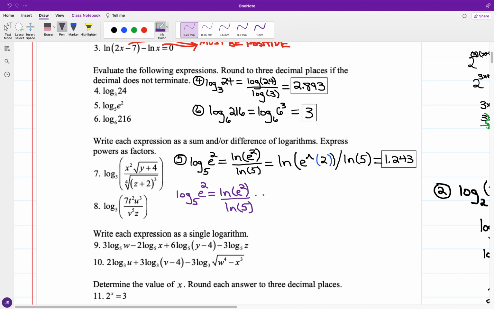I just wanted to mention too that the natural logarithm is by definition a base e logarithm. So the natural log of e squared is the base e logarithm of e squared, which goes to 2. If I take 2 divided by the natural logarithm of 5, I'm still going to get the same decimal result.